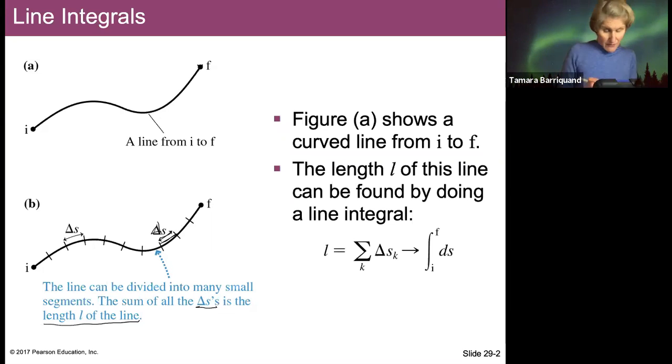The sum of all these little pieces, over k number of segments of delta S, as we get those delta S's really small, we can then call this an integral, and we know that an integral is just the sum. So it's going to be the integral from I to F of ds. Now that's a line integral.